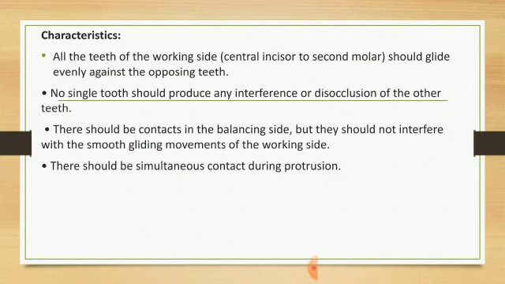Clear? So in all, the thing is same. There should be smooth gliding movements on working side as well as balancing side, and they should not provide any type of interference to each other. So first and third point is interlinked. Second point is no single tooth should produce any interference or disocclusion of the other teeth. And finally, there should be simultaneous contact during protrusion. So these are the characteristics of balanced occlusion.